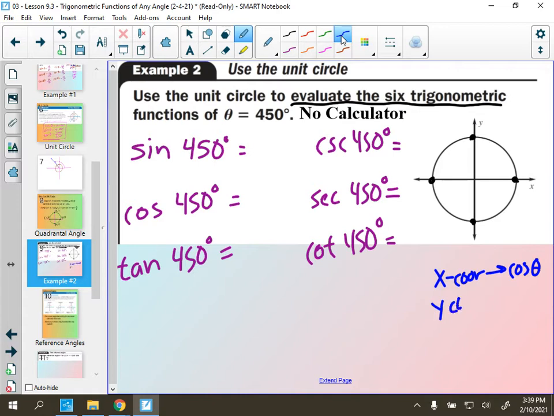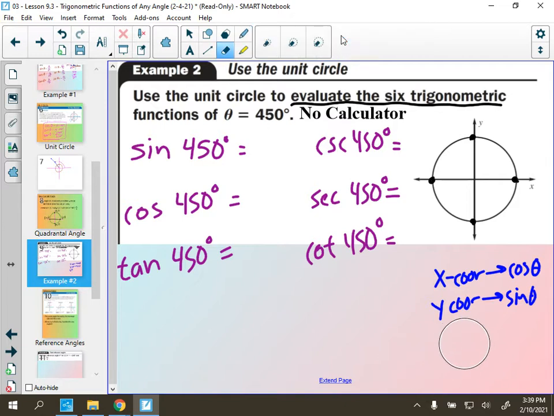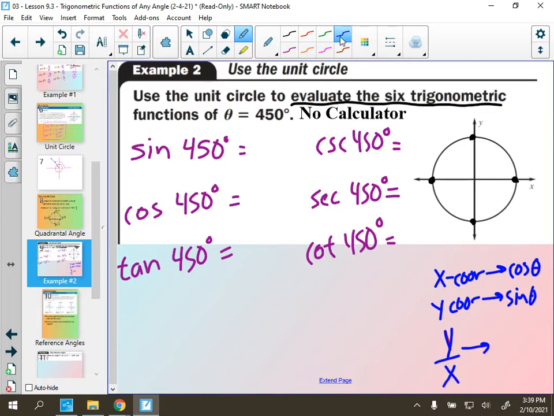Y coordinate is the sine of theta, and y over x is my tangent. So that information, coupled with what we're talking about with quadrantals, let's go.